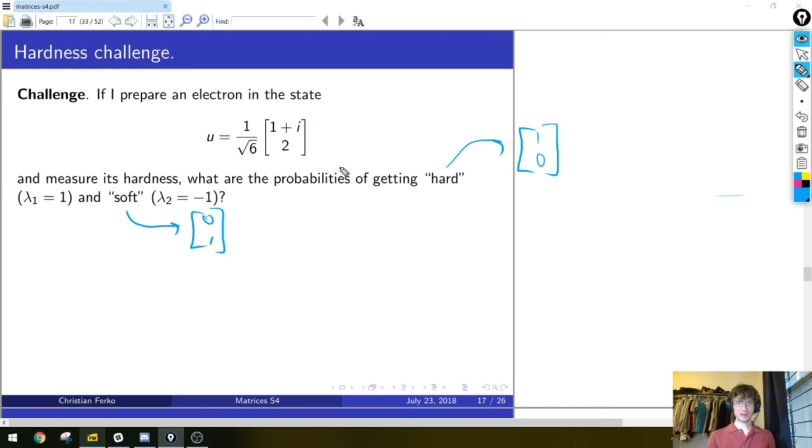Well, what's the first step? So we express this as a sum of the eigenvectors, (1, 0) and (0, 1). Don't worry about normalizing for now. What should I do to get the coefficients that should appear in those probabilities?